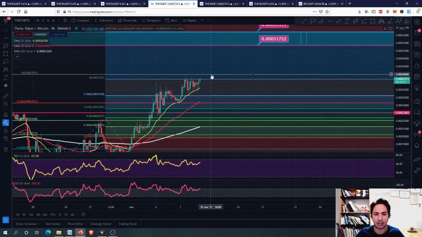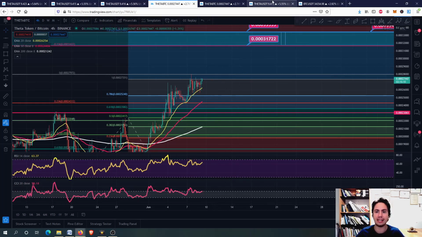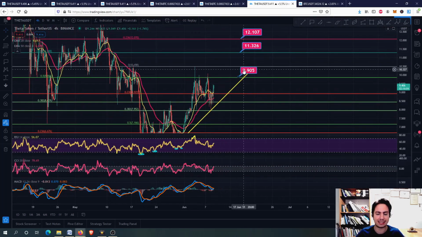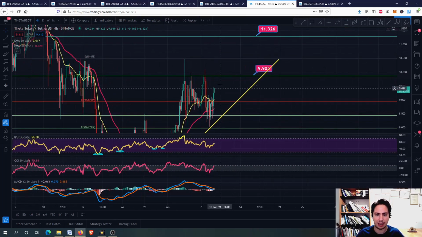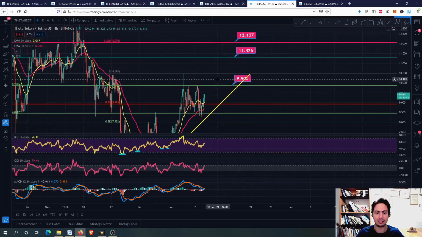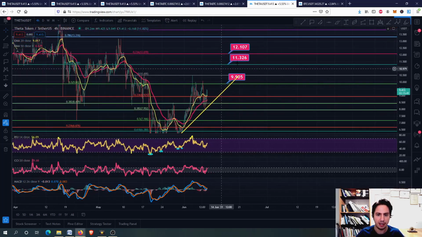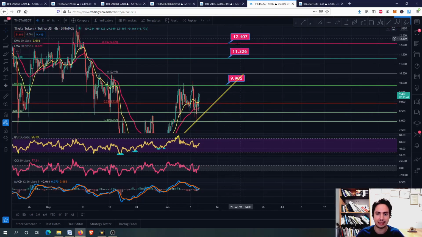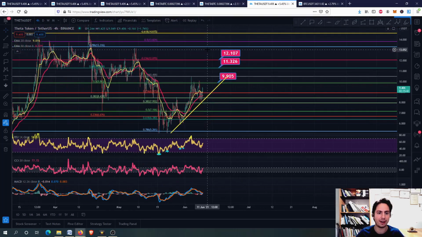Another great thing is that we can go upwards. So the next hours are critical for Theta against Bitcoin, and I believe that if we can see here a pump up, the bullish scenario will be to just surpass the 10 USDT, and maybe we are about to start an impulsive wave. Starting an impulsive wave will mean that these targets will be easily broken, right? 10 USDT, 11 and 12 are our next targets.